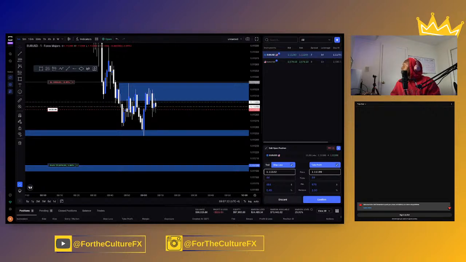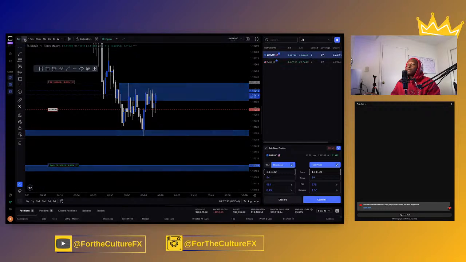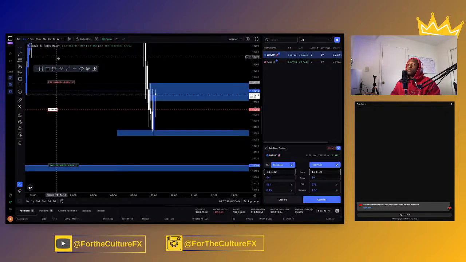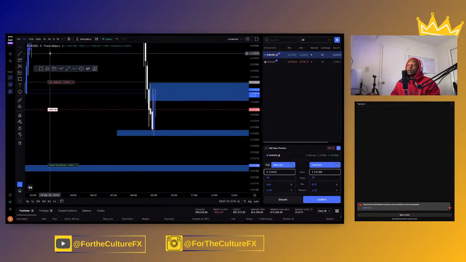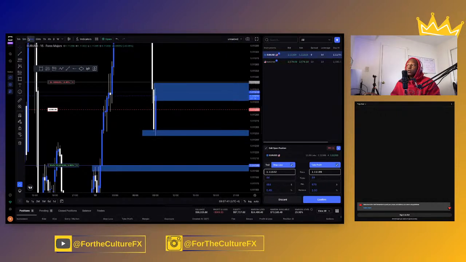Oh man. Oh wow. See if we can get this 5-minute candle to close bearish, and we see a steeper move to the downside. That's my first initial trade for today at a 0.5 risk to reward.